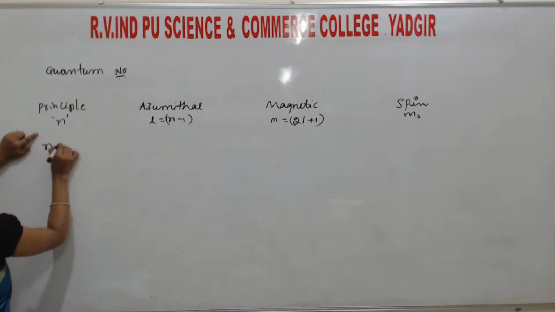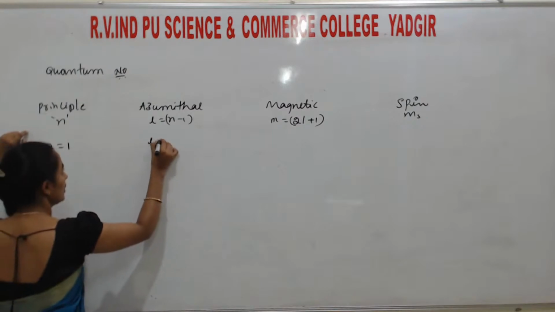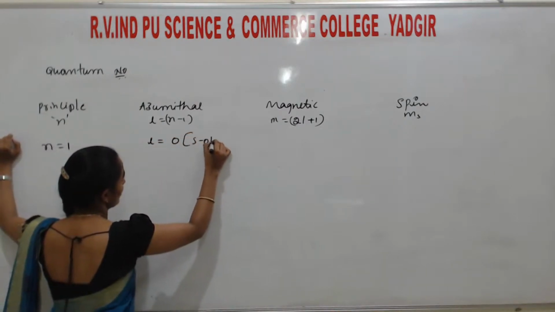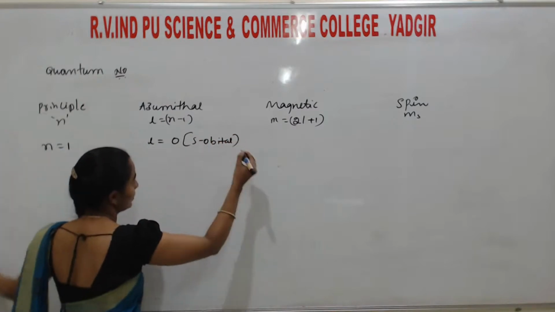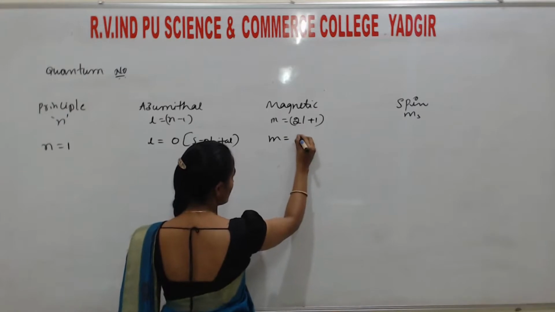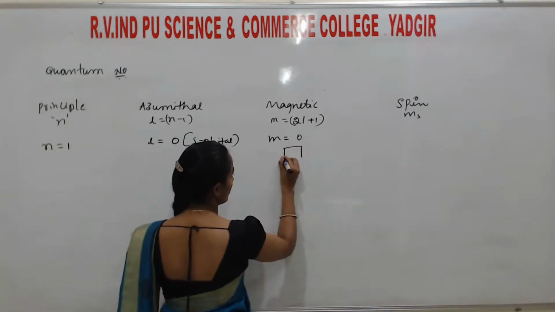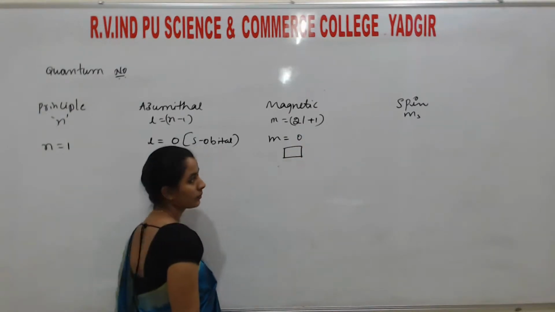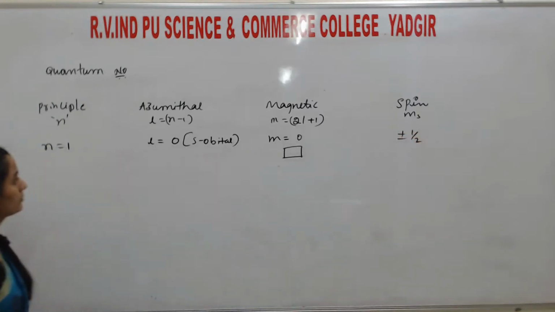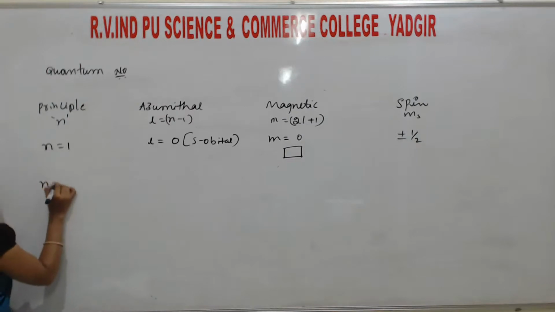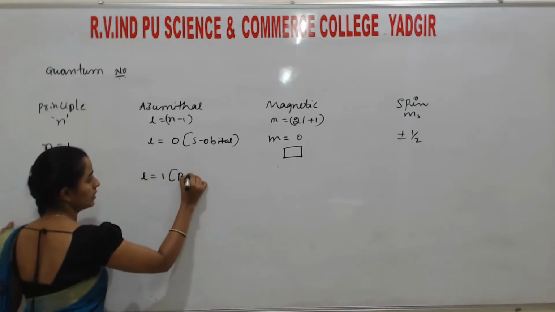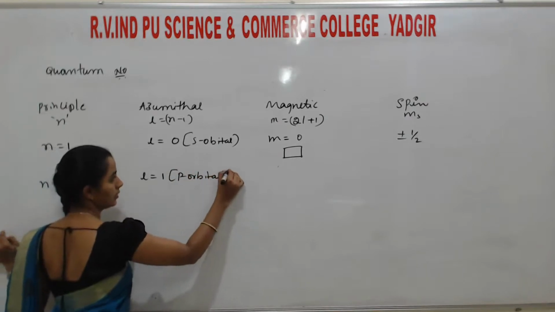So if n is equal to 1, l is equal to 0, which is the s orbital. Then m is equal to 2l plus 1, that is 1 orbital, and here spin is plus or minus half. Next, if n is equal to 2, l is equal to 1, that is the p orbital.